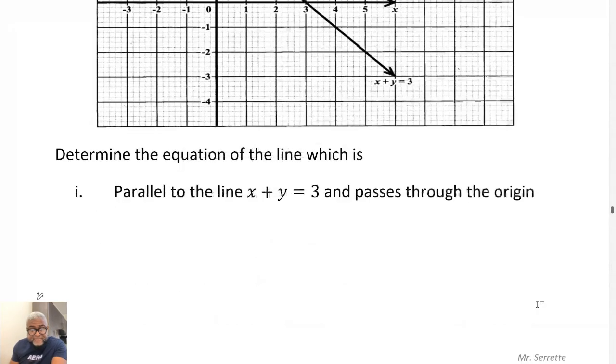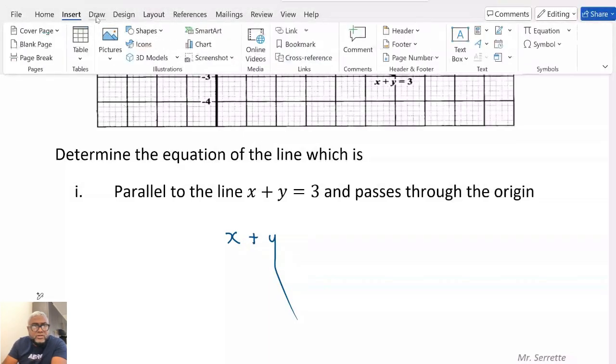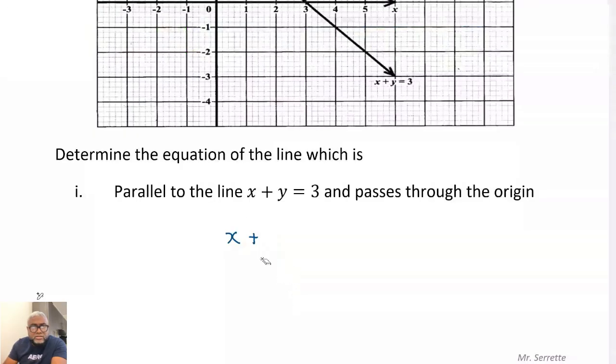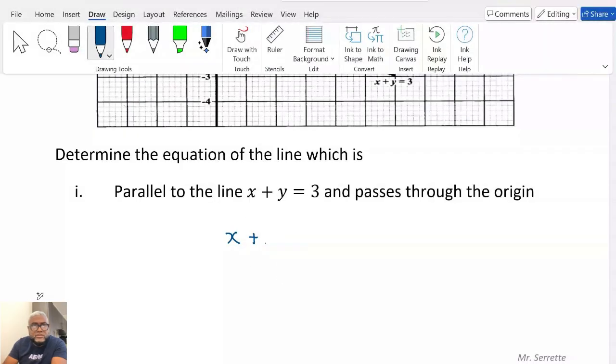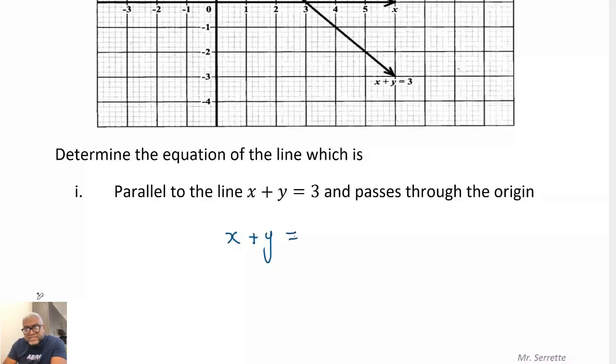So what do I have? I have x plus y is equal to 3. In order to find the gradient, it should be the number in front of x. Right now 1 is understood to be in front of x here, but 1 is not the gradient, right?